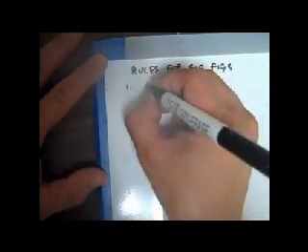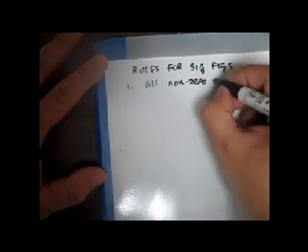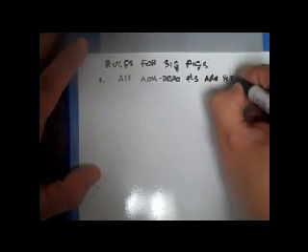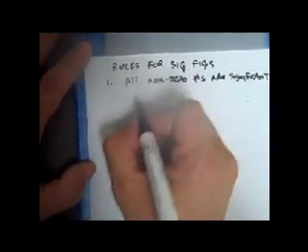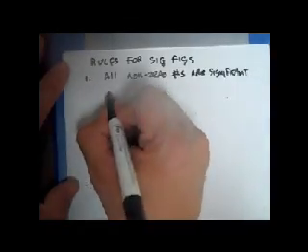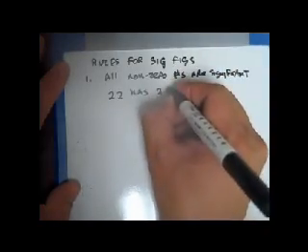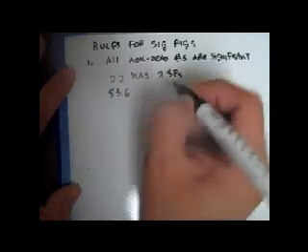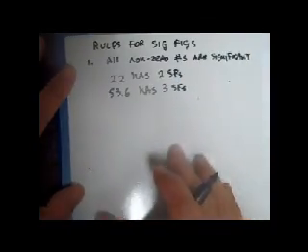Rule number 1: all non-zero numbers are significant. All right. So let's say the number 22 here has 2 sig figs. The number 53.6 has 3 sig figs. Right. Okay. So that's rule number 1.